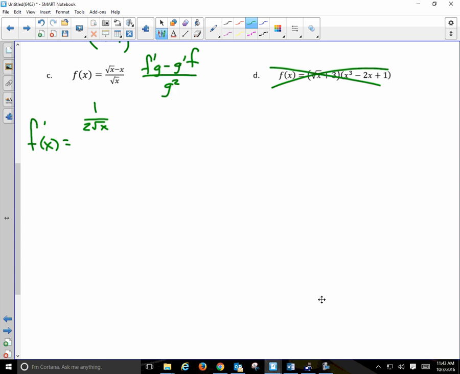Minus, what's the derivative of x? 1. Times what? What's g? Square root of x over 1. Minus, what's the derivative of the bottom?